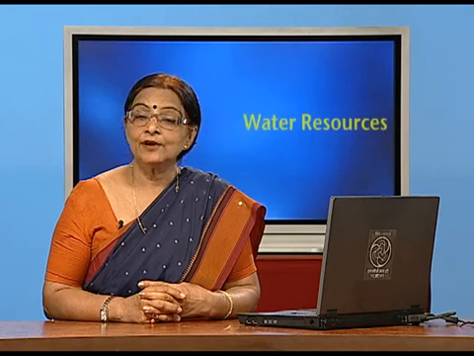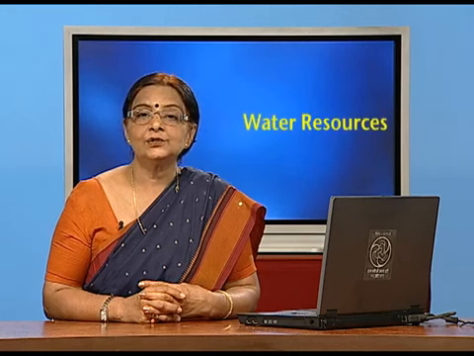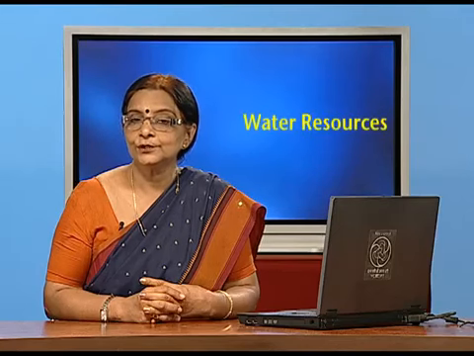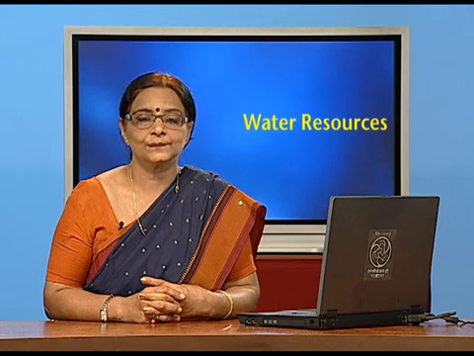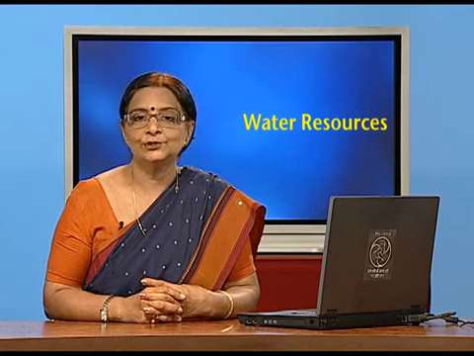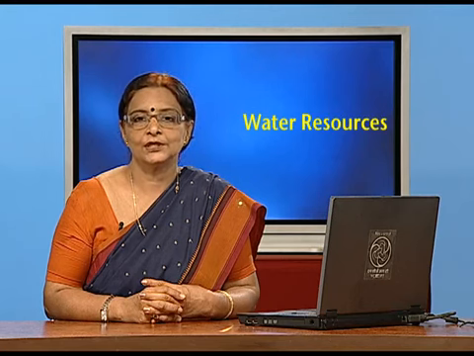That means the whole year can be used for the production of crops. When we are producing the whole year, we need to have water. Another factor is that India is going for the production of high yielding varieties of various crops, whether they are food crops or cash crops. These high yielding varieties need a sufficient amount of irrigation.